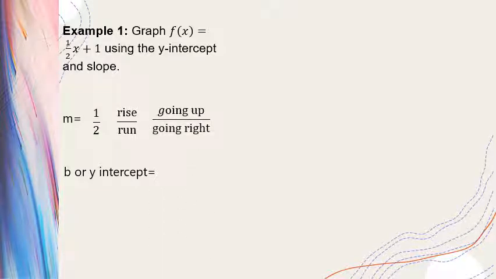Remember, rise goes up if it is positive, and run goes right if it is positive. If the rise is negative, it goes down. If the run is negative, it goes to the left. So this is the y-intercept, or point, and we can write it as 0 and 1. Then let's graph. We're going to graph first the 0 and 1.